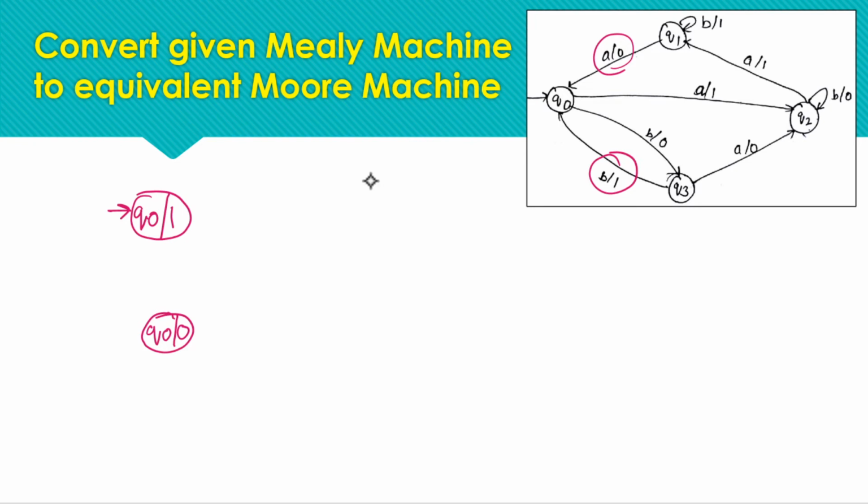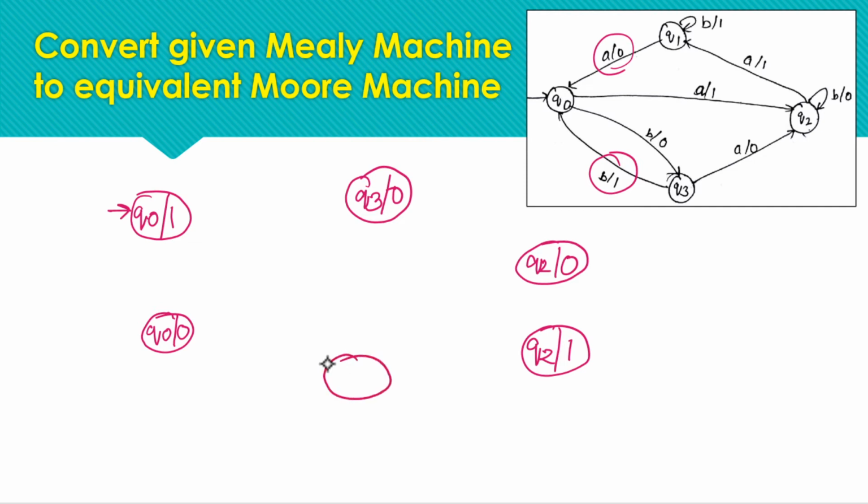Next we have Q3. The Q3 state has only one output, so we have only one state corresponding to Q3 with output 0. In the same way for Q2 we need to draw two states, one for output 0 and one for output 1. Next we have the state corresponding to Q1 with output 1.